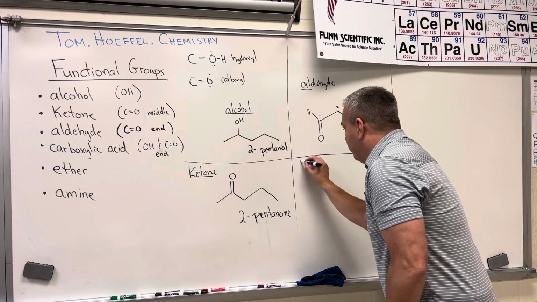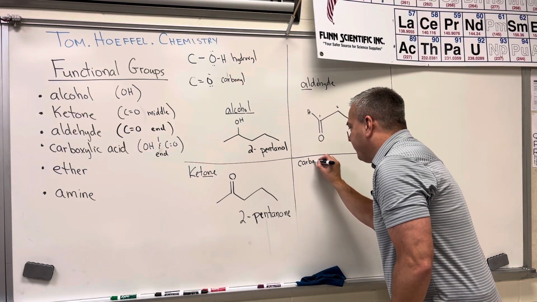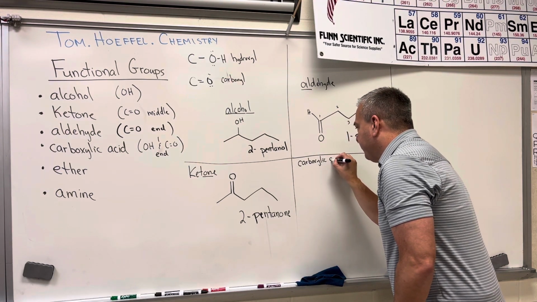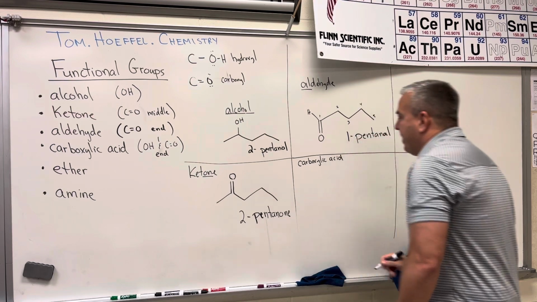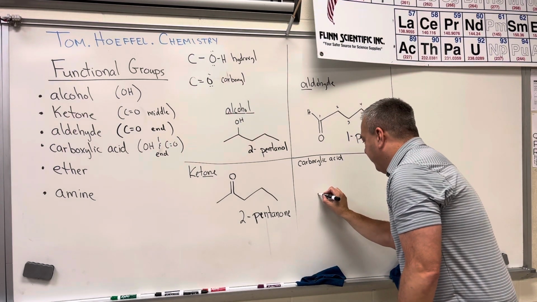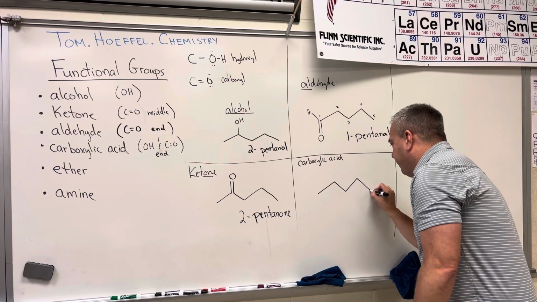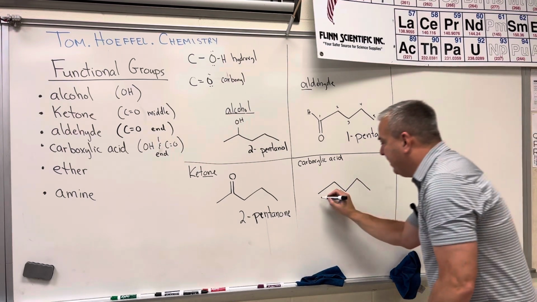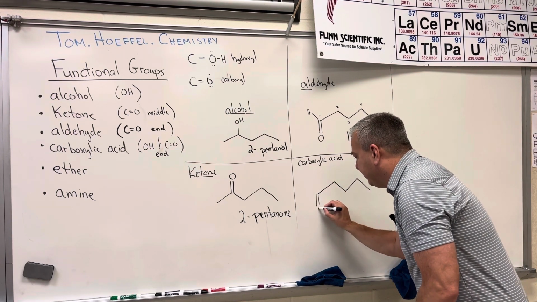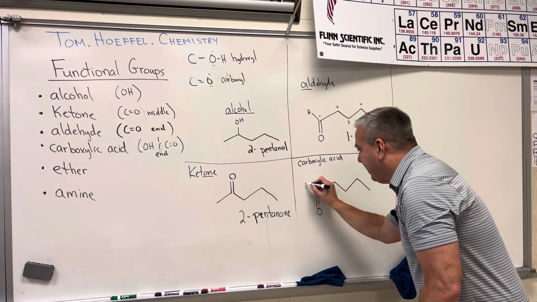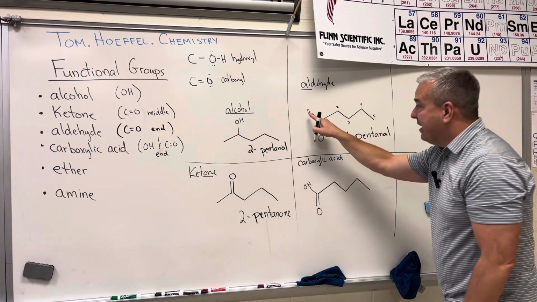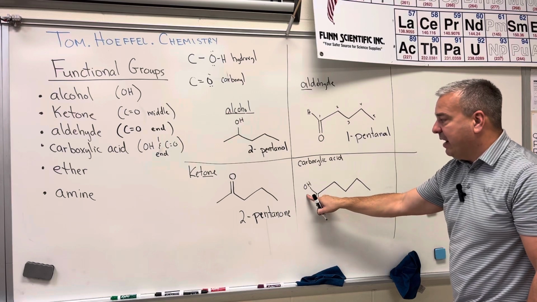So if I'm doing a carboxylic acid, we're going to have 5 carbons, 1, 2, 3, 4, 5. And on the end, we're going to have the carbonyl and the hydroxyl. So that's not just hydrogen, it's a hydroxyl group.